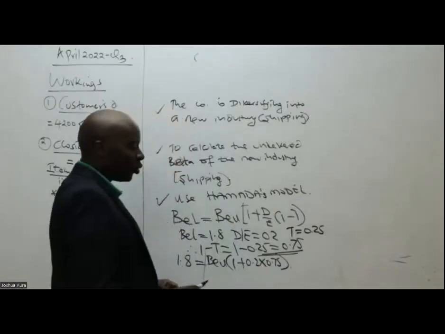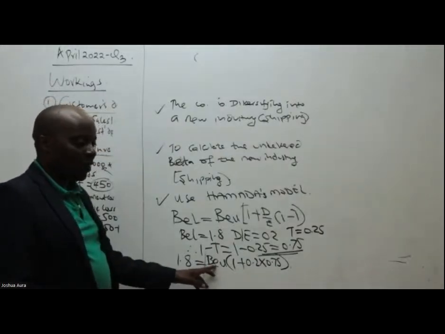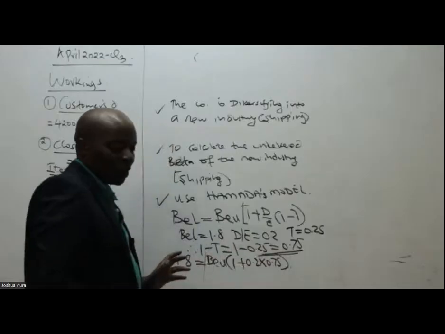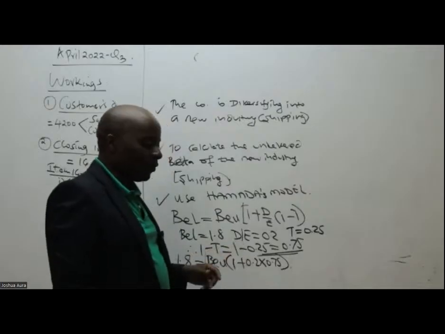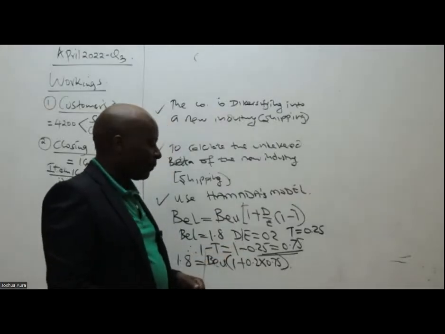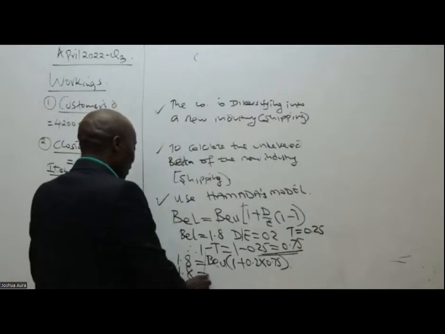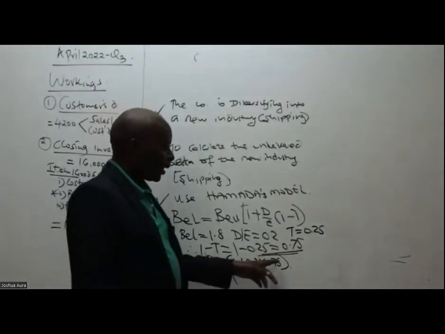So please go slowly until you give me beta equity of the unlevered firm. First of all, give me whatever is in brackets, BODMAS: 1 plus 0.2 times 0.75. So we have here 1.8 equals beta equity of unlevered firm into this plus this.